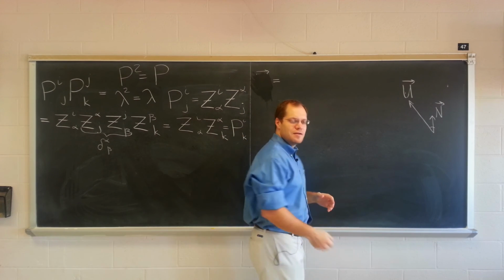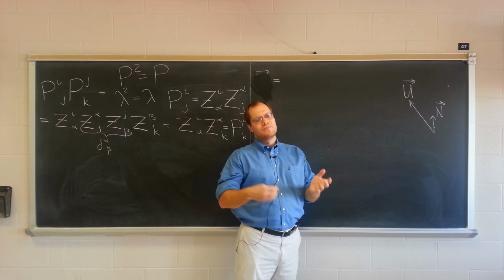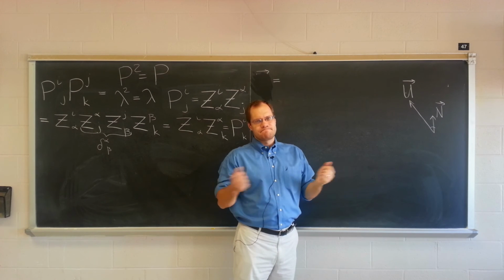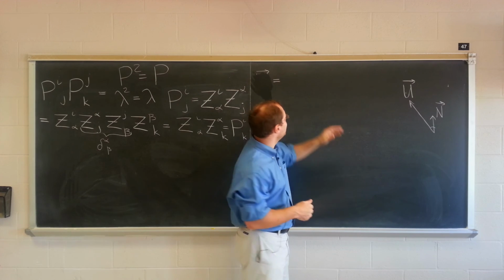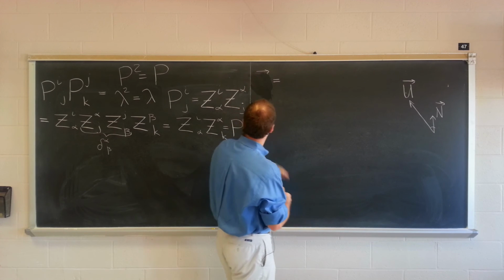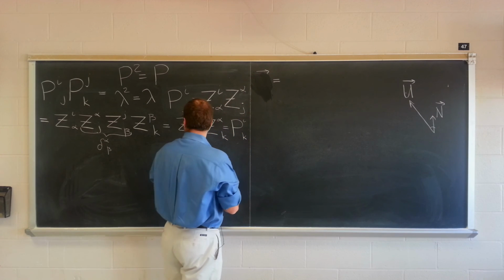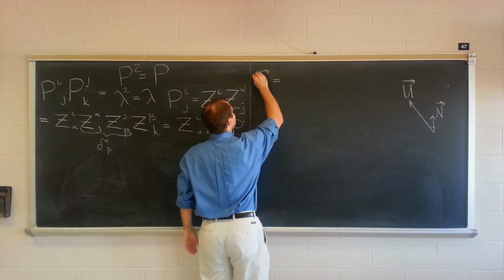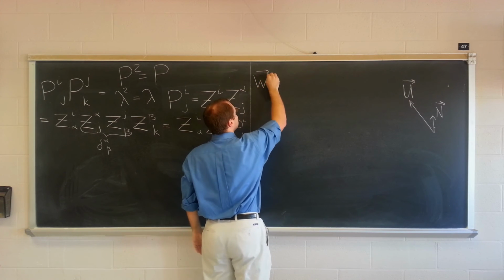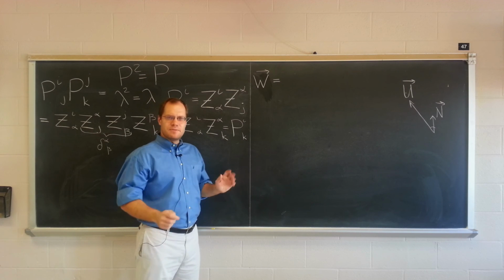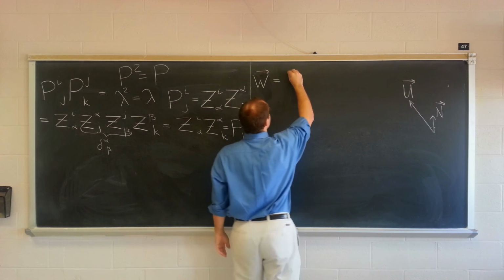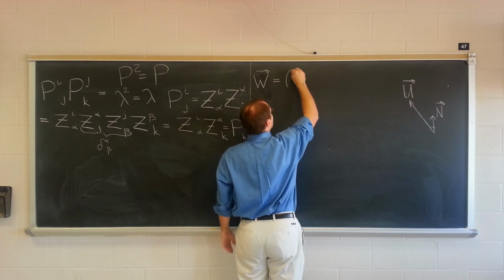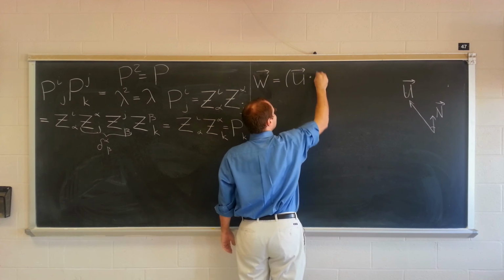So v previously meant projection onto the tangent space. Let me think. I'm trying to think very quickly. Maybe another letter. Well, w. We'll call it w. I forget the choice I made in the book. So w. So v is the projection onto the tangent space. w is the projection onto the normal space. And of course, it's u dotted with n.